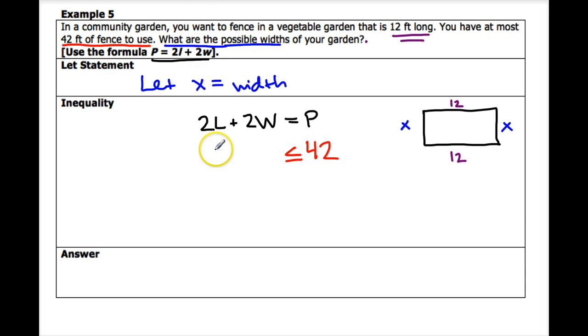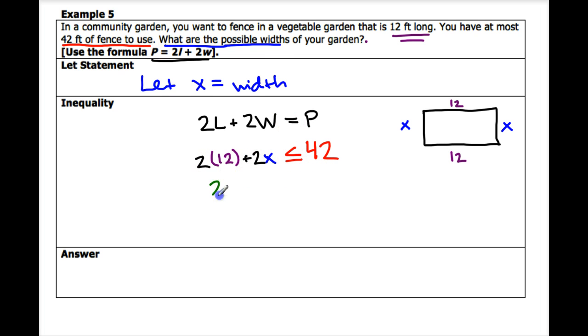I know the length of this garden is 12. So using this formula up here, I can substitute a 12 for my length. So that's going to be 2 times 12. The width, again, is my x value, so I'm going to say plus 2 times x. And now I have the inequality to solve: 2 times 12 plus 2 times x is less than or equal to 42.